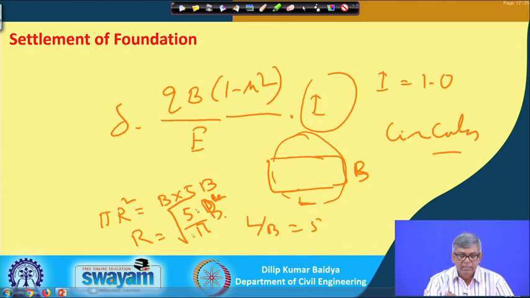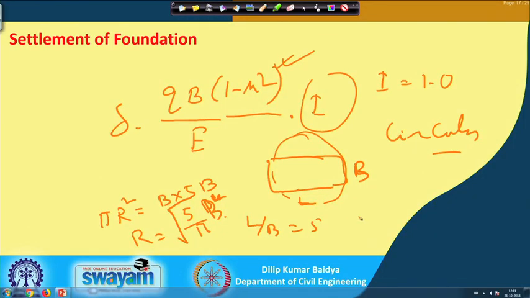So, this is the way R is expressed, and then simply use this equation. That means only one circular equation needs to be remembered, and for that I need to remember the I value.